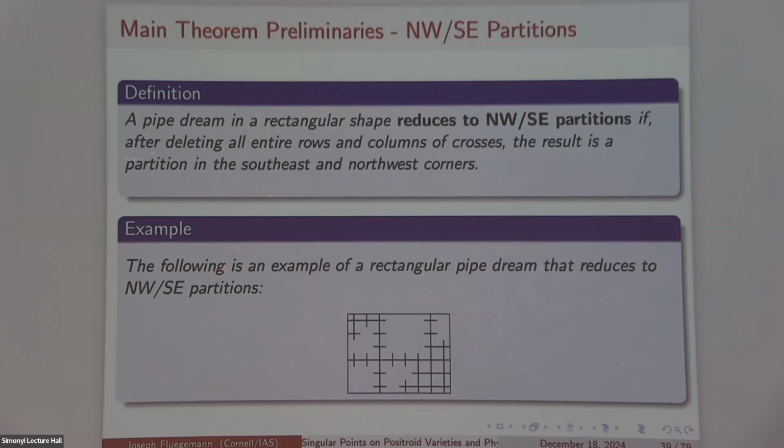So here I say a pipe dream in rectangular shape reduces to northwest southeast partitions if it's a rectangular pipe dream where you just have partitions in the northwest and the southeast, and otherwise you have columns and rows of crosses.